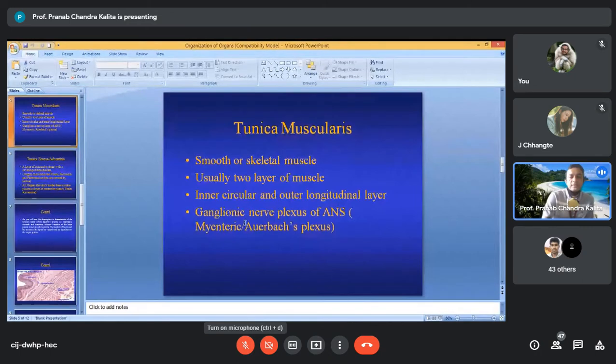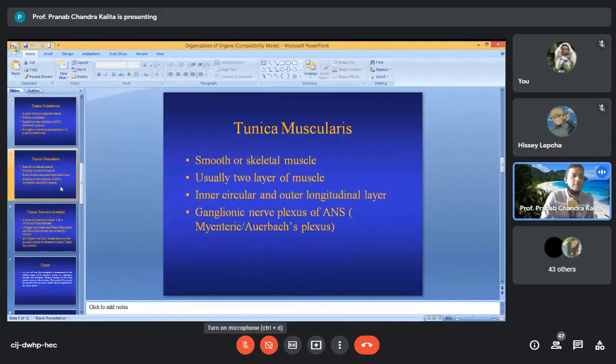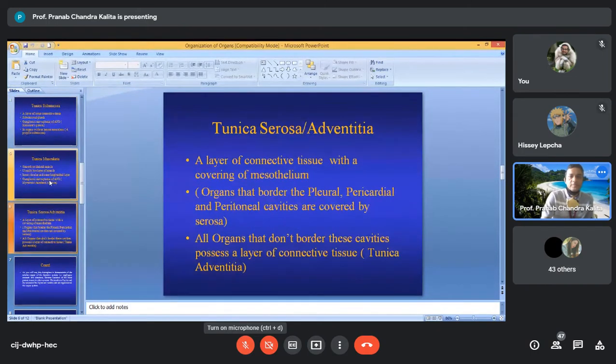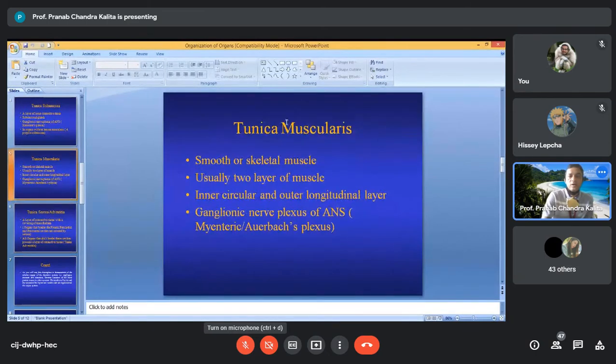So the ganglionic nerve plexus of ANS in the submucosa is Meissner's plexus, and the ganglionic nerve plexus of the Tunica muscularis is called the myenteric or Auerbach's plexus.